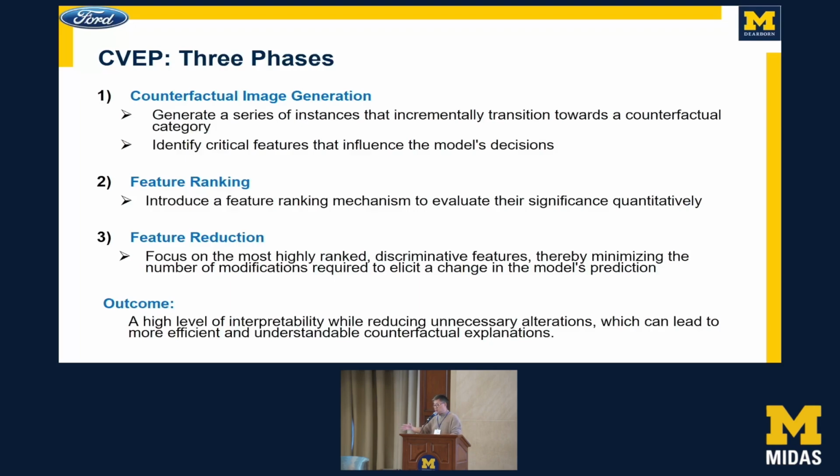Then you can easily identify critical features when you see this sequence of moving images. Second, we use feature ranking to find which features are most critical. And the last one is feature reduction.